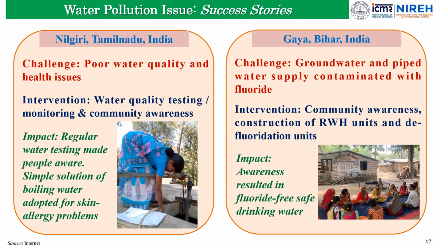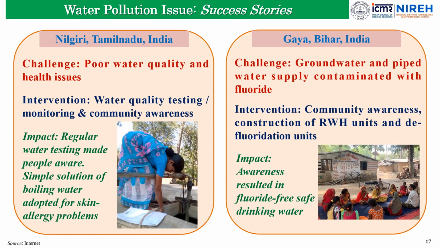And secondly, they constructed some rainwater harvesting units. What these units are, I will discuss after some time. They constructed the rainwater harvesting units and also defluoridation units. It is a small unit which helps to eliminate the fluoride content from the water.